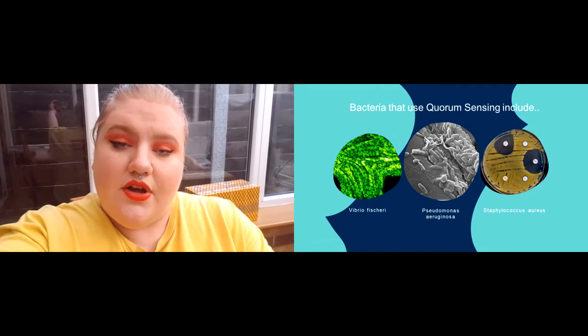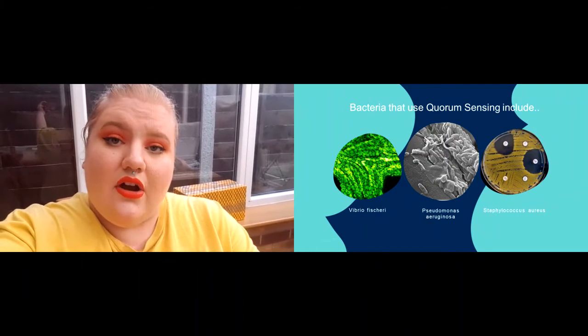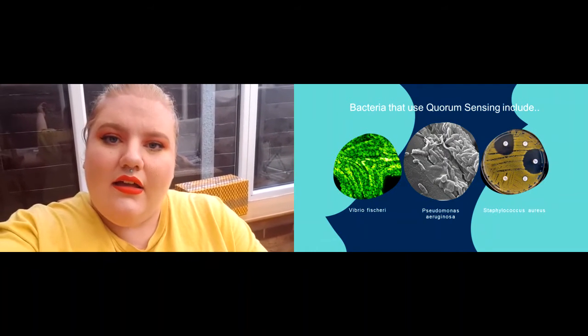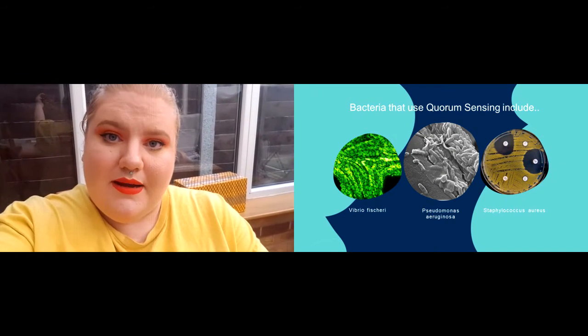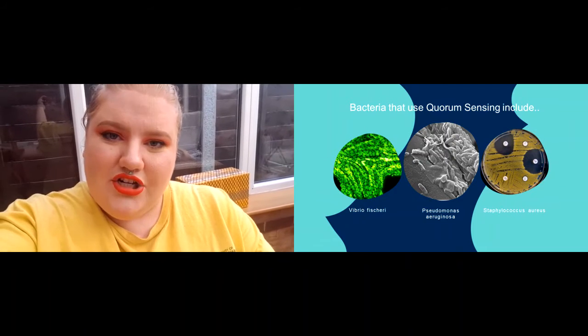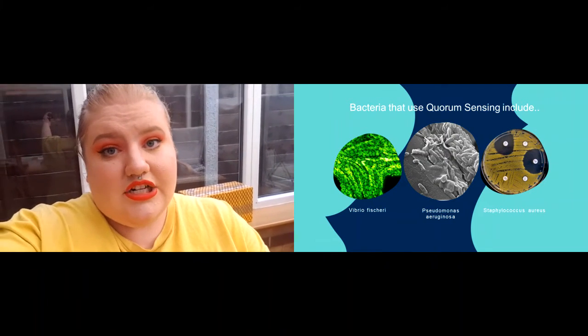So quorum sensing isn't just a technique used to help bacteria stick to surfaces, it can have other purposes too. For example, a type of bacteria called Staphylococcus aureus, which lives on your body and on your hair, can actually cause infection if too many of those bacteria get into an abrasion or a cut on your skin, and that's usually treated using antibiotics.